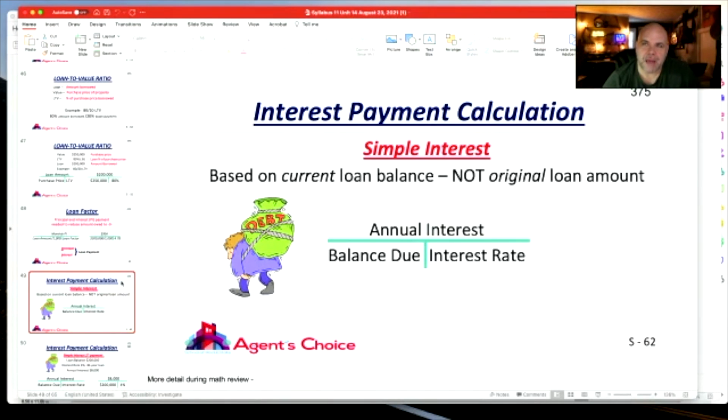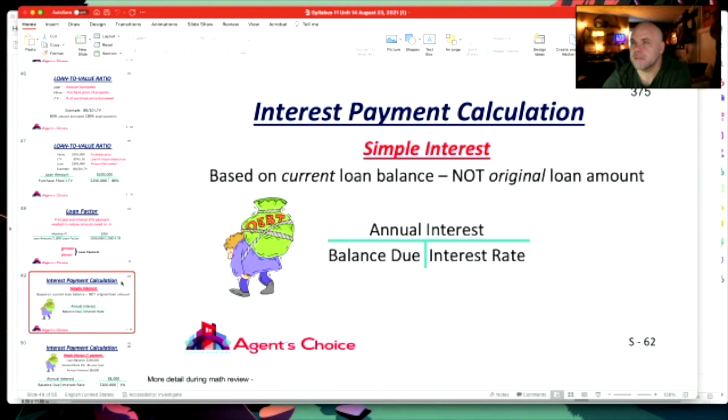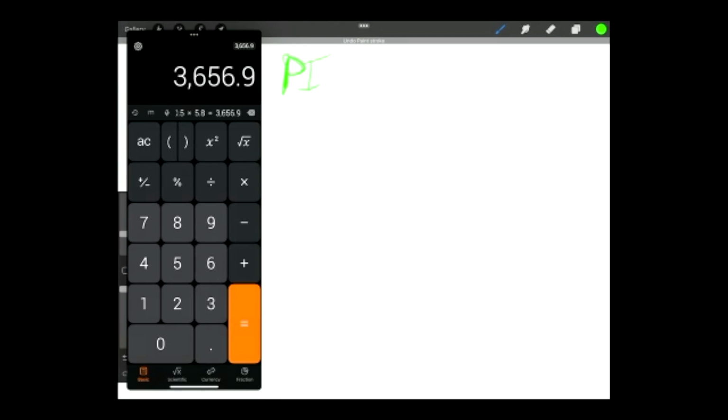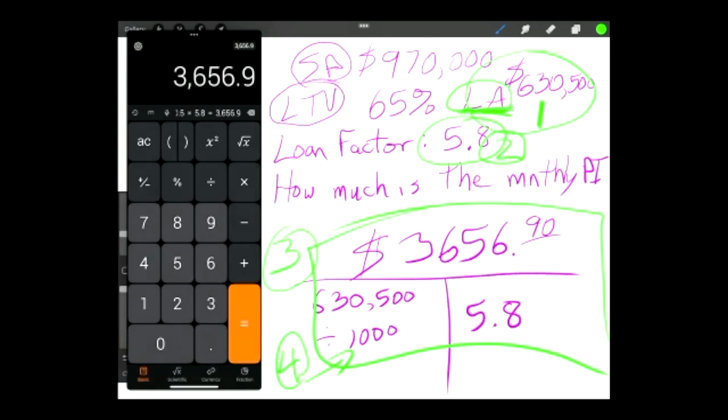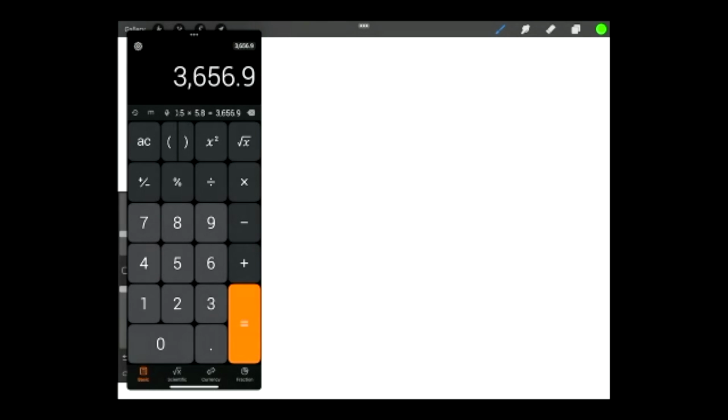And to do that, you need to be able to do another problem, which is you got to figure out how much of that payment is just interest alone. We know how to figure out the monthly principal and interest, but we need to remember how to calculate how much of that payment is interest only.